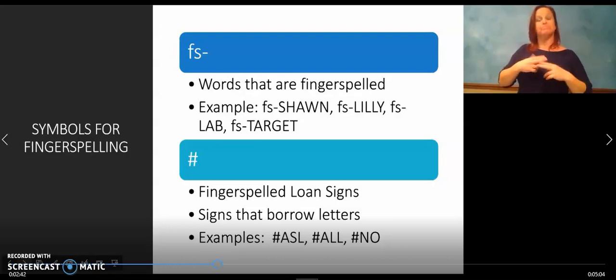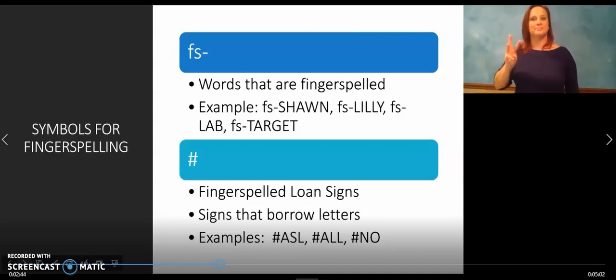So for example, if I'm finger spelling my name, Sean, and it looks like this, you would write FS in lowercase with a dash, and then my name in capital letters, Sean. If you see lab finger spelled, write FS in lowercase, the dash, and then in capital letters the word lab. The same thing if you see us finger spell the word target.